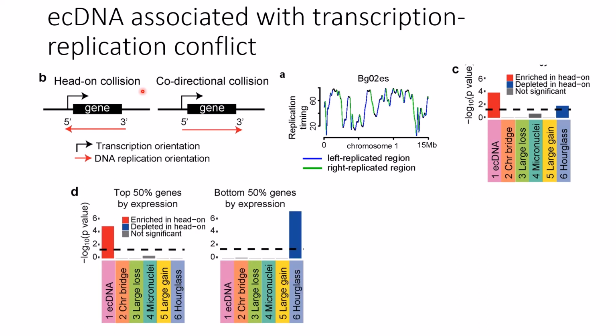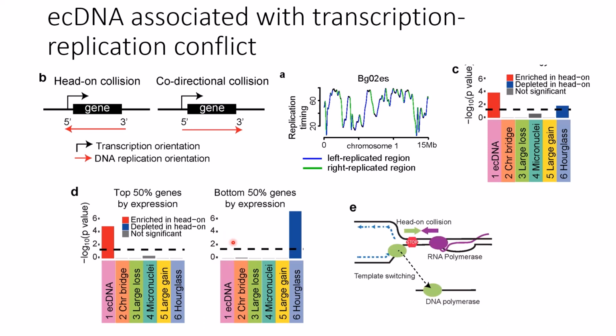So then we divide all the genes based on their expression level. In the top 50% of the genes by expression, we observe the enrichment, but not in the bottom 50% of the genes by expression.